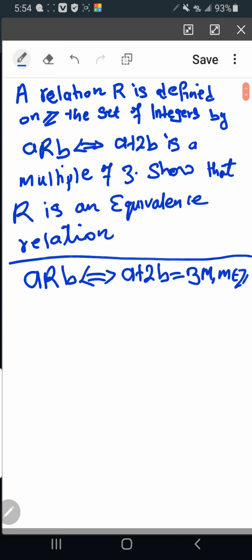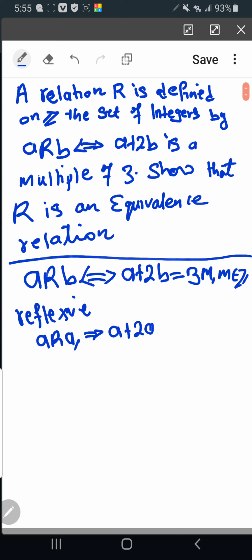Now, we want to show that R is reflexive. For the reflexive property, a relates a, where a is an element of Z. But for a to relate a will mean that a + 2a is a multiple of 3.